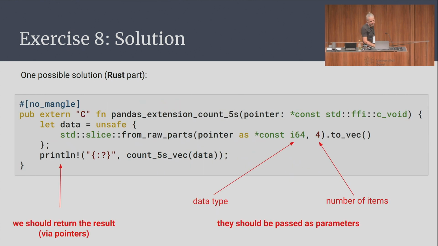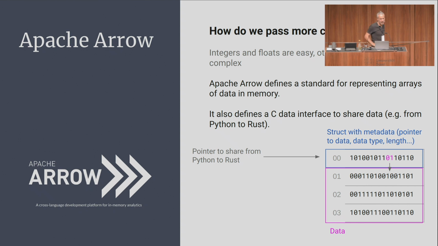I think we're getting close to the end. This is my last slide, or I think I have a very similar one. The general idea is that when we're passing all this information, there is Apache Arrow that, as I said, is the alternative that we're using to NumPy, which has a mechanism to provide all this information for us.